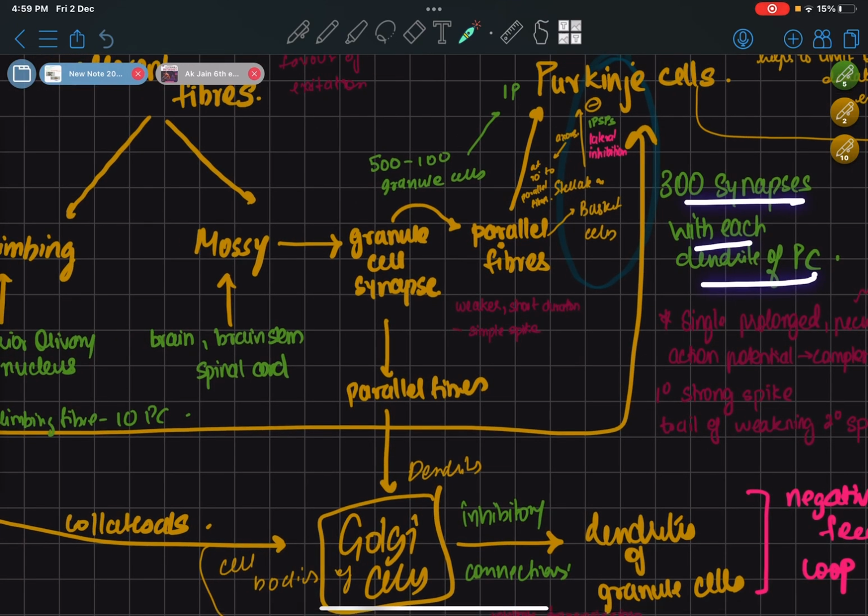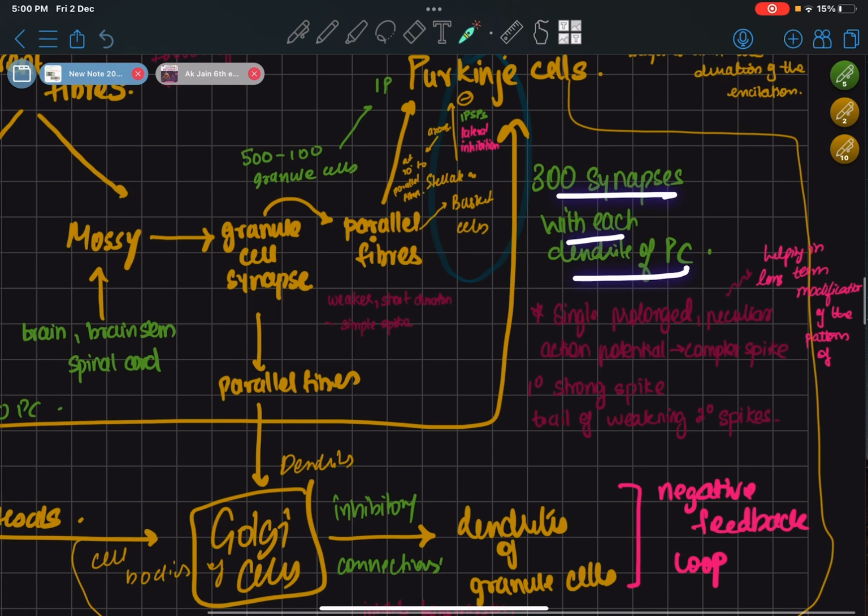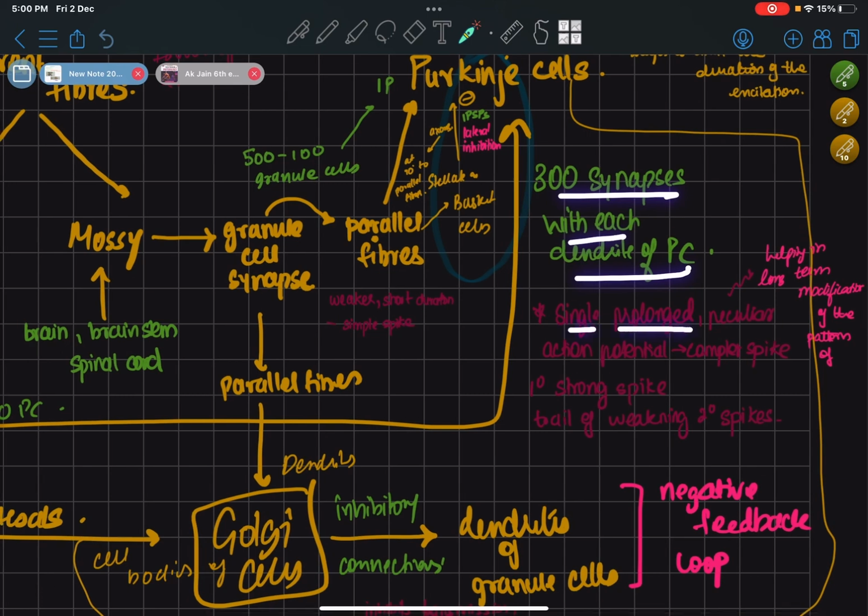So you see how, if only one climbing fiber is excited, the Purkinje cell will be hugely excited, the synapse will take place, and the action potential will go. This potential is a single prolonged, peculiar action potential, known as a complex spike.